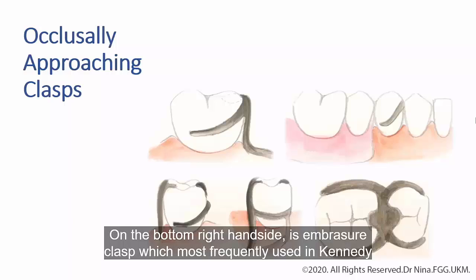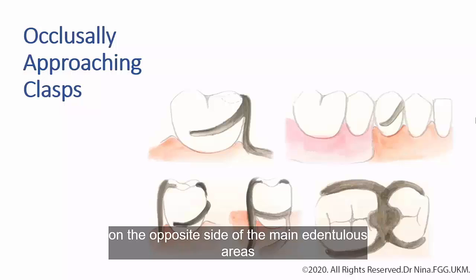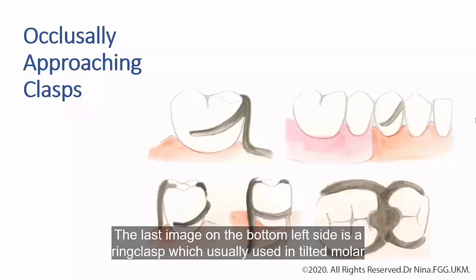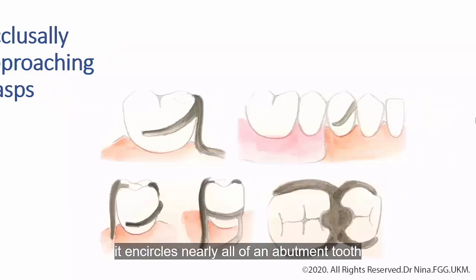On the bottom right hand side is the embrasure clasp, which is most frequently used in Kennedy class 2 or class 3 RPD when no modification space is present to serve for additional clasp design on the opposite side of the main edentulous areas. The last image on the bottom left side is a ring clasp, which is usually used in tilted molars, and it encircles nearly all of an abutment tooth.